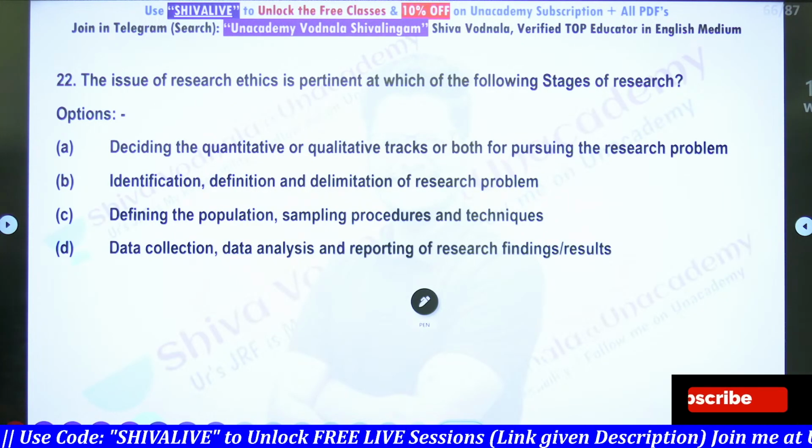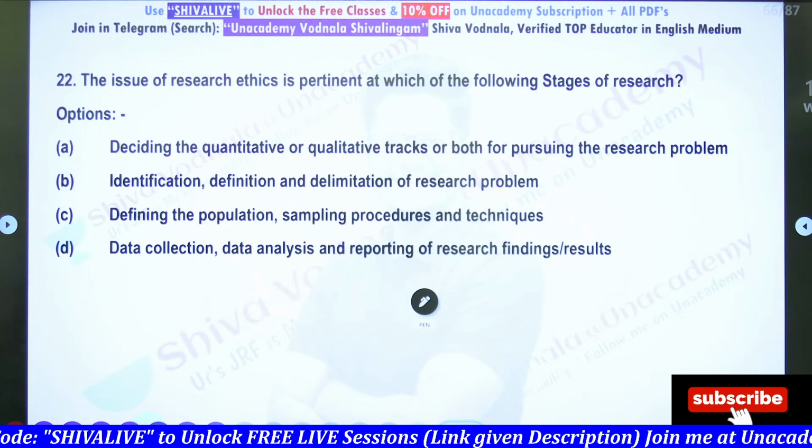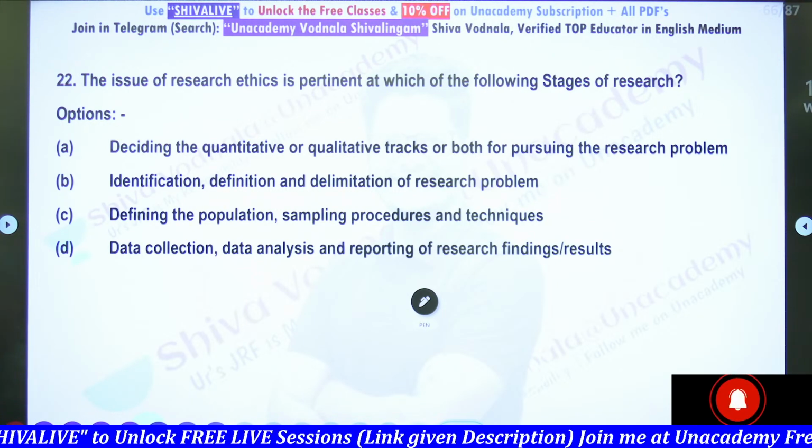Next, the issue of research ethics is pertinent to which of the following stages of a research? DDR.